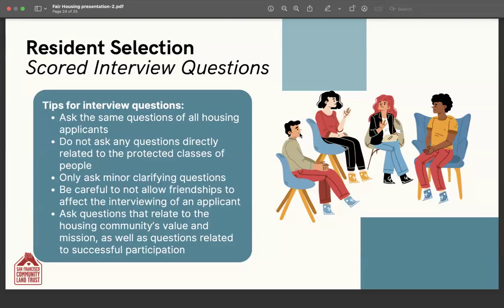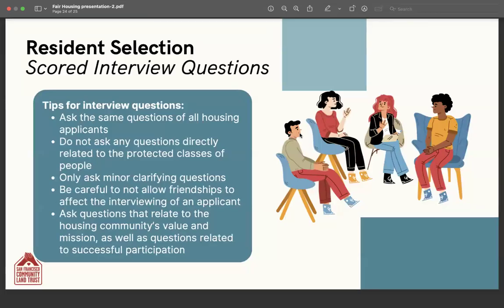With an affirmative marketing plan, you want to get as many applicants into your pool as possible so that you can find people that are really going to be interested in being a part of your housing community, that really want to live in a place that values certain things, that has a mission about certain things, and participates in certain ways. So the marketing is just as important as the interview process itself.